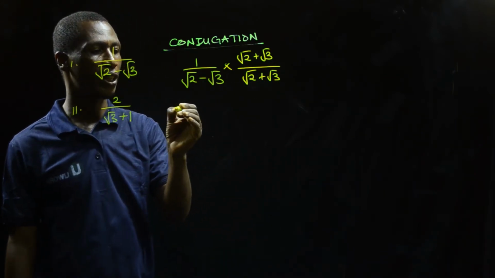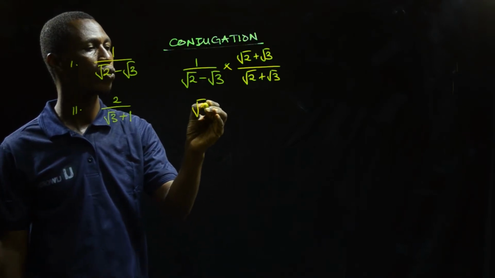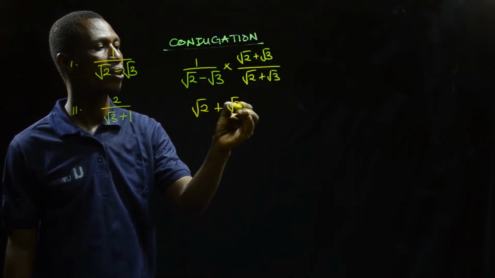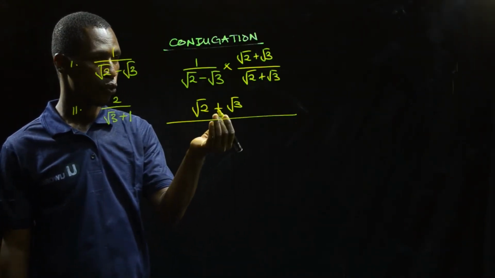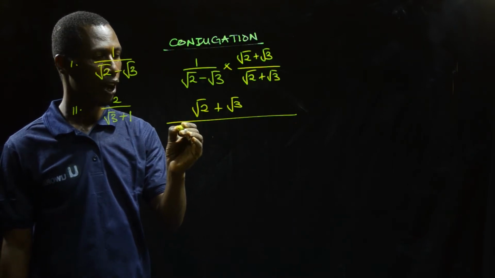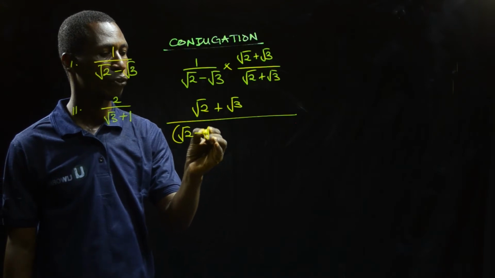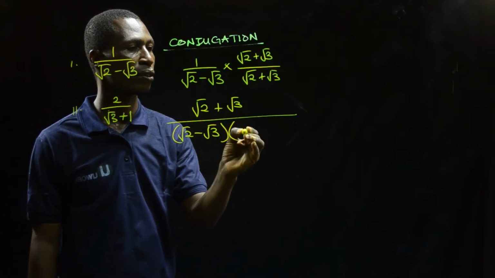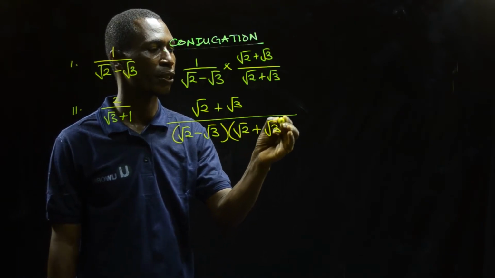So my next point is the continuation. We are going to get root 2 plus root 3 as the numerator. Then the denominator, if you are weak, you just do it one by one. We are going to have root 2 minus root 3, then root 2 plus root 3. Good.